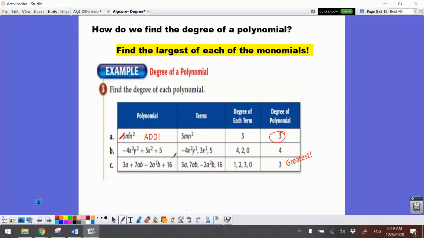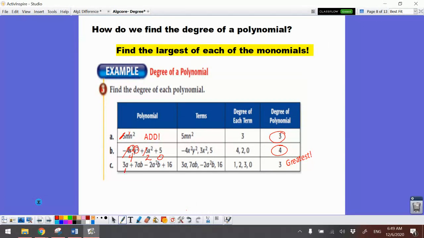But what happens when I have multiple is I'm still going to cross out the coefficient, but I'm going to look at each term. So 2 plus 2 is 4. Cross out the 3. This one is a 2. And there's no variables here. It's a 0. So I have 4, 2, and 0 to choose from. And I actually have to pick the biggest. So the biggest number is a 4.